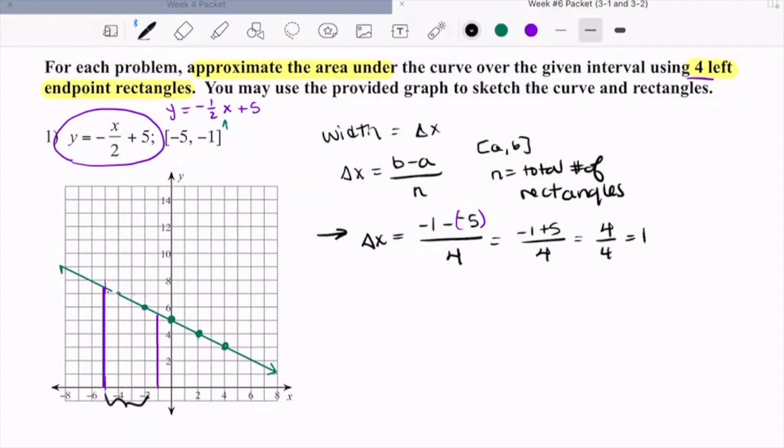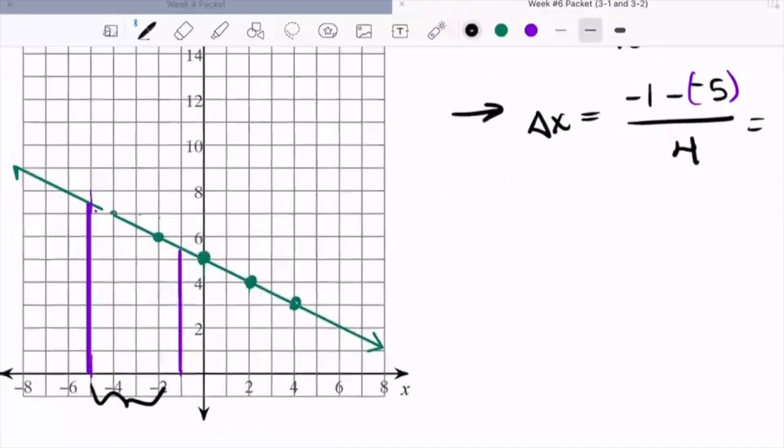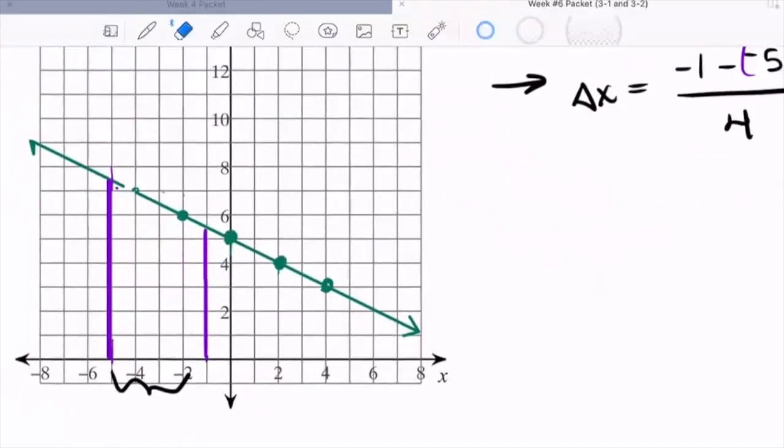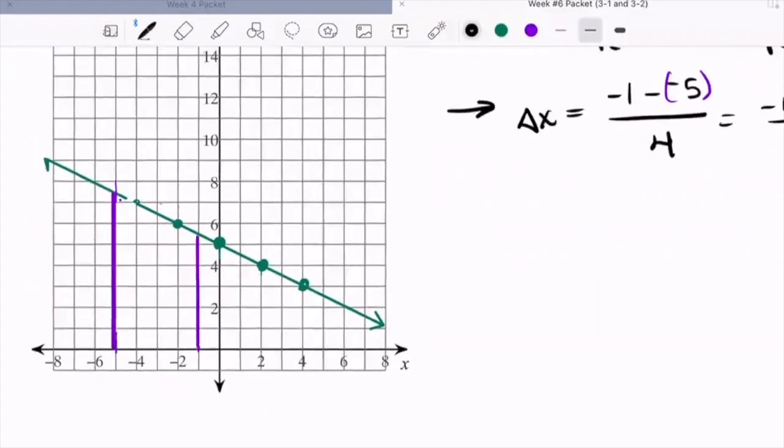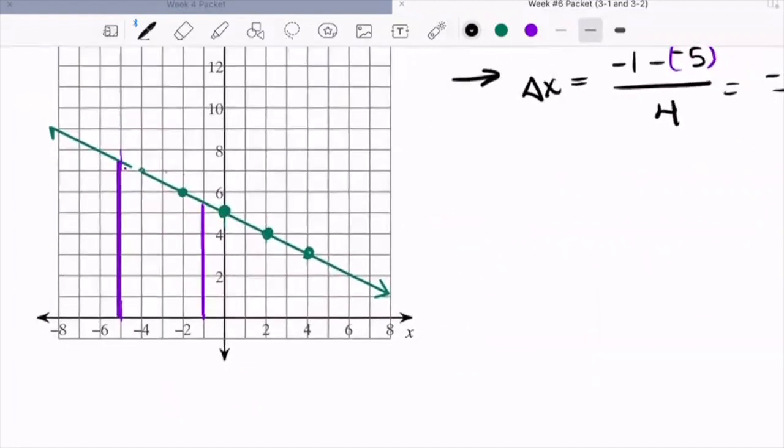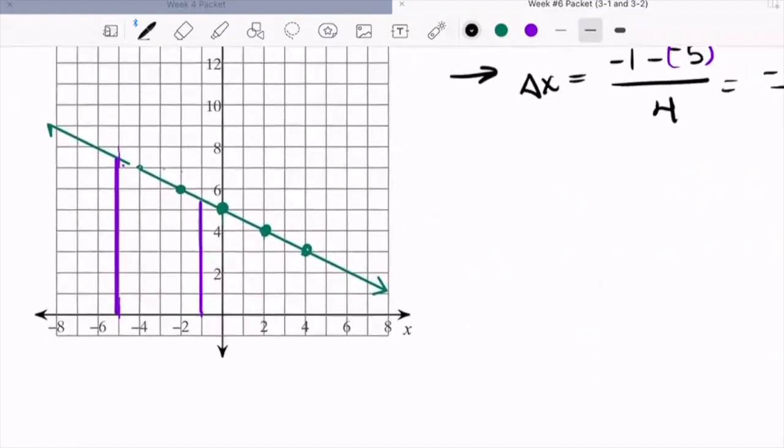So the width of our rectangles is just going to be 1. If we were to draw in just the widths of these rectangles here, we'd see that they fall pretty nicely in with these grid lines. So we'd have width here, here, here, and here. And if we count them, we have 1, 2, 3, 4 rectangles, or 4 widths that will fill in for our rectangles.